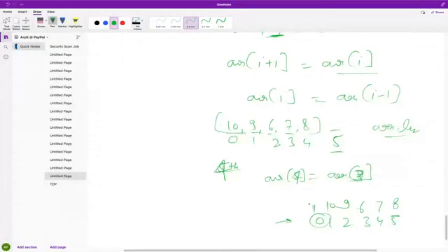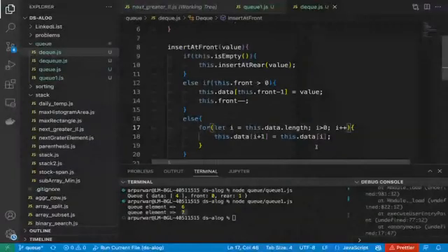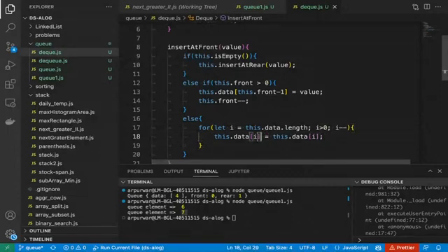We are okay with 1. Once we reach position 1, array 1 is equal to array 0, so whatever is at 0 will be put into position 1. And here you do this dot data I equals this dot data I minus 1.